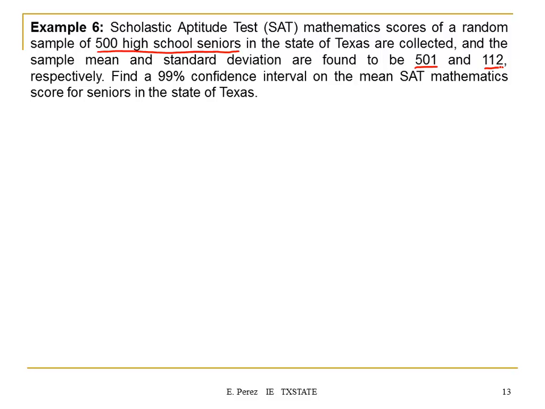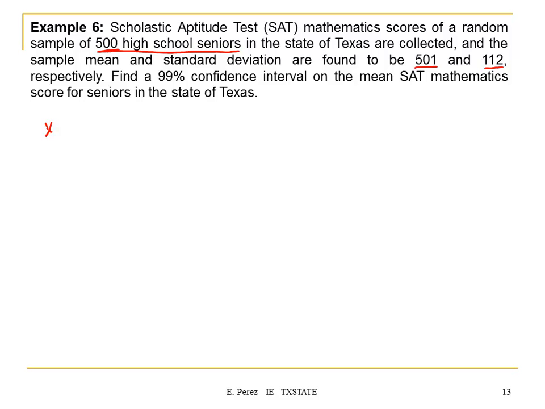Okay, so we don't know if this is coming from a normal distribution, but we know the sample mean and standard deviation. We also know that the number of observations is high, it is 500. So we can use the approximation to compute our confidence interval.